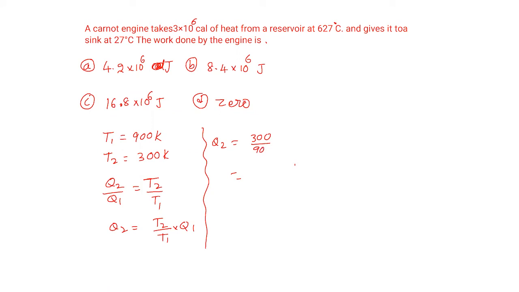Divided by 900 Kelvin into Q1, which is 3 into 10 to the power of 6. So here this is 3 times. This will cancel. So 1 into 10 to the power of 6 calories.